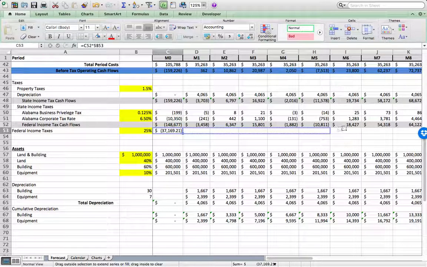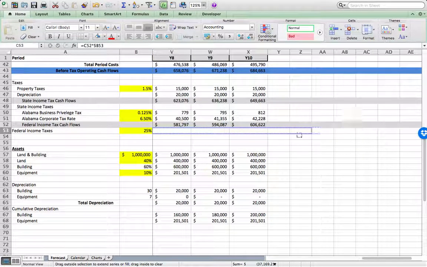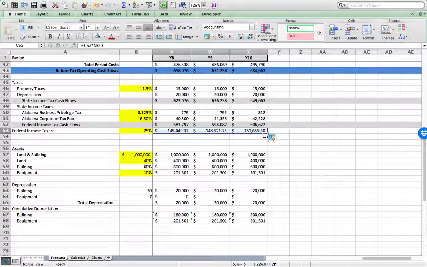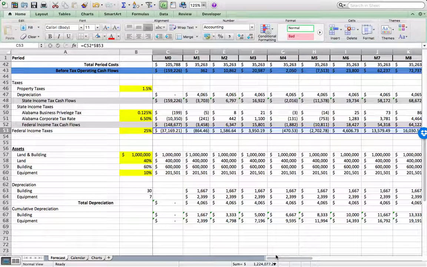In fact, the federal corporate tax rate starts out at 15%, goes up right now to almost 40%, based on the total amount that you have. But on an effective basis, usually we assume somewhere around 25 to 30%. This is not a business that's making enough money, I think, to hit the 30% bracket. So there we go. And again, because you lost money, the federal tax is actually very favorable to you. It's giving you another tax credit, if you will.